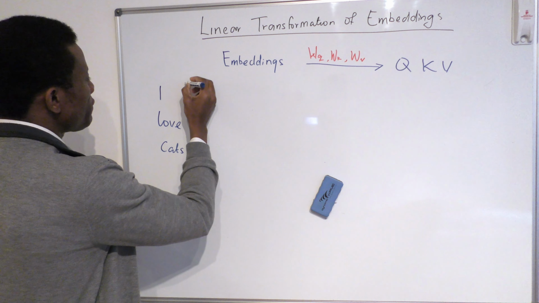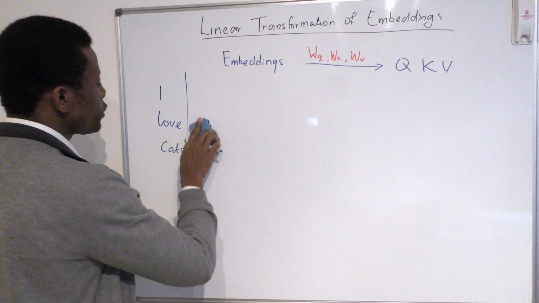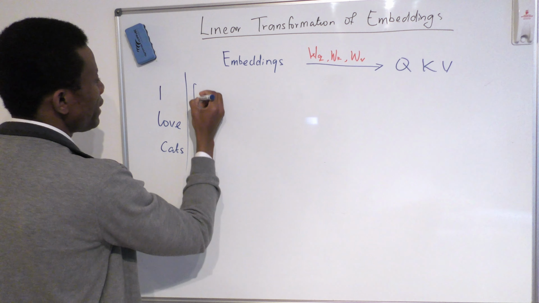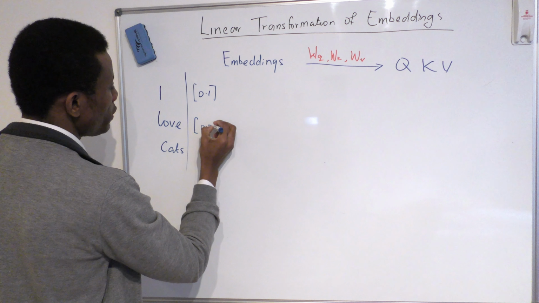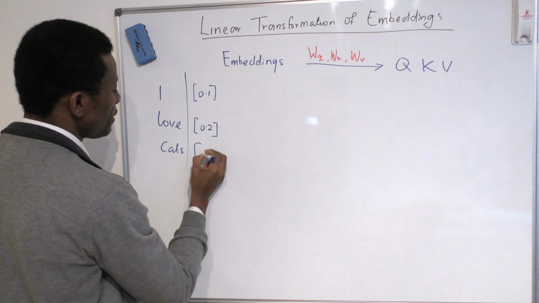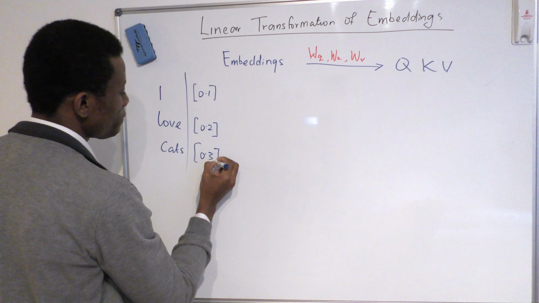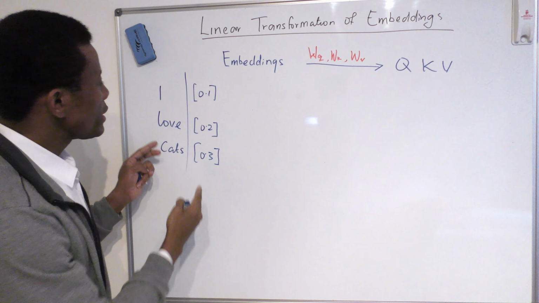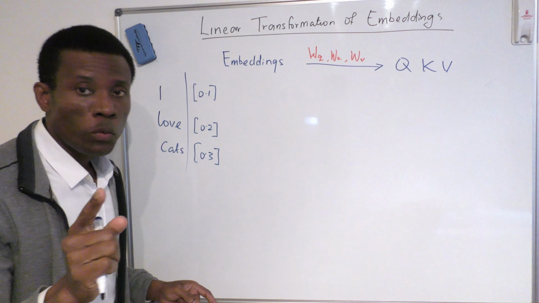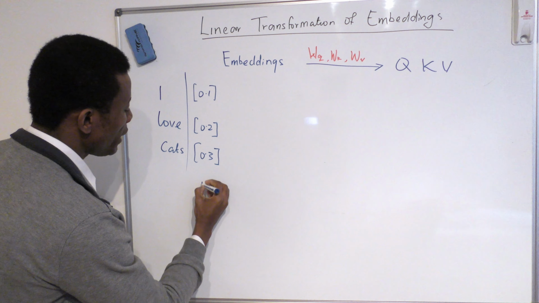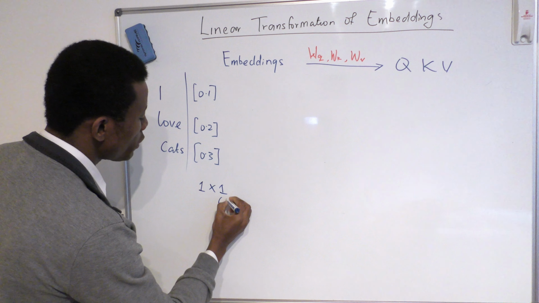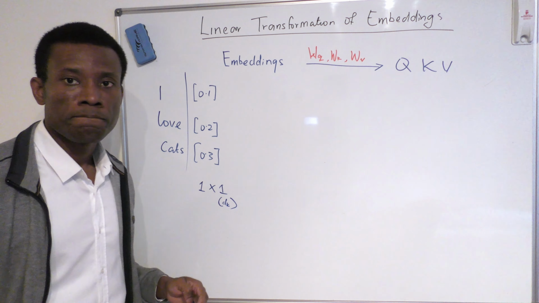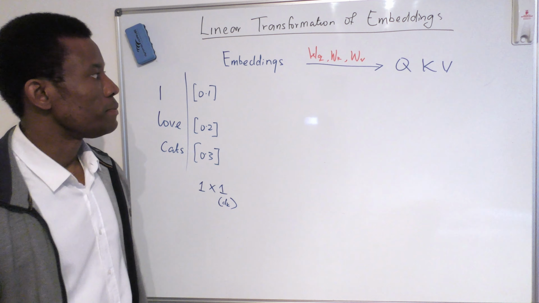Let's start with the first one. Let's say the embedding dimension here is just one item. So we have 0.2 and we have here 0.3. These are embedding size of 1, so we have 1 by 1, and our dk value is 1.